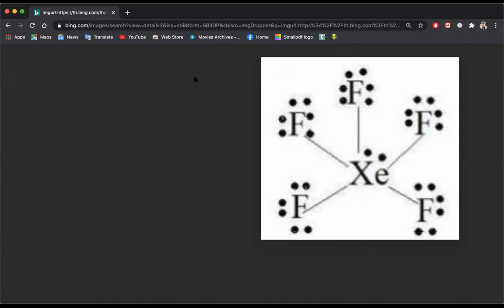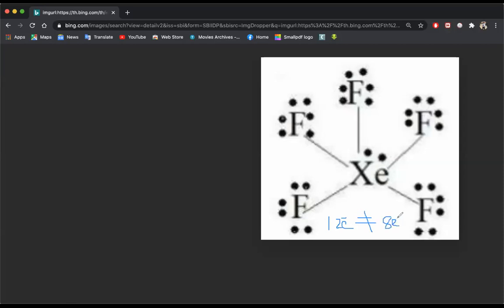In our case we have 1, 2, 3, 4, 5, 6, so that is 12, plus these 2, we have 14. Not 14, 12 electrons, for the xenon and the fluoride, which is not equal to 8 electrons.